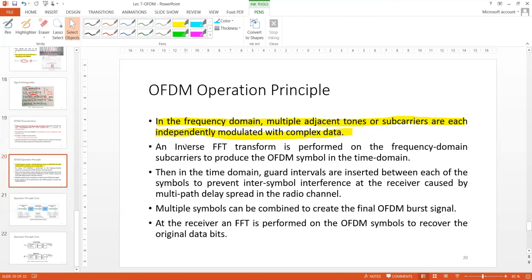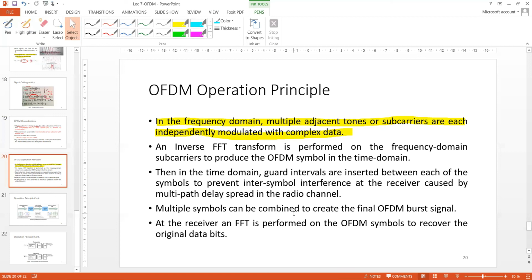So an inverse fast Fourier transform is performed on the frequency domain subcarriers to produce OFDM symbols in the time domain, and then guard intervals are inserted between each of the symbols in order to overcome the problem of inter-symbol interference.